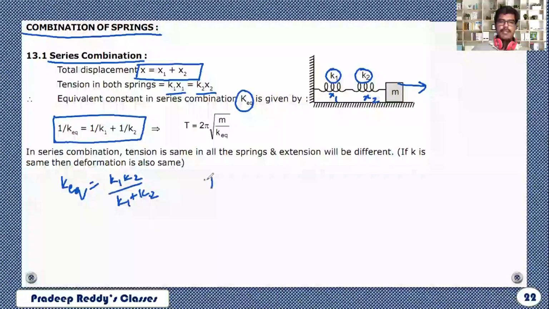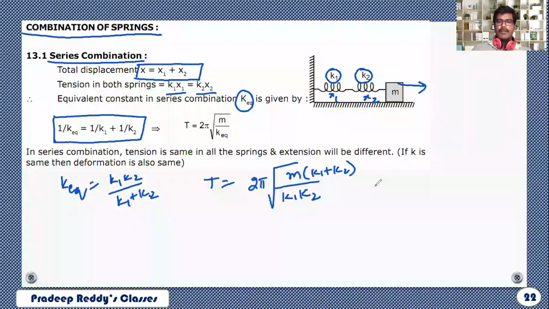Take this and substitute here, so that T will be equal to 2 pi under root m divided by k1 k2 into k1 plus k2. So this is the final expression for time period when two springs are connected in series.